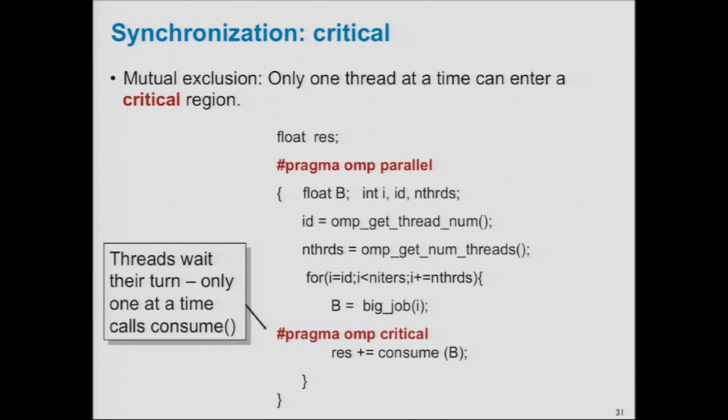If we add the critical directive here, we now say this structured block, this one line, is a critical section. When a thread comes along here in OpenMP, the runtime asks, are any other threads inside this critical region? If not, then this thread can go ahead and execute.